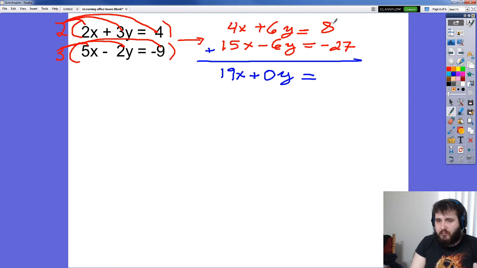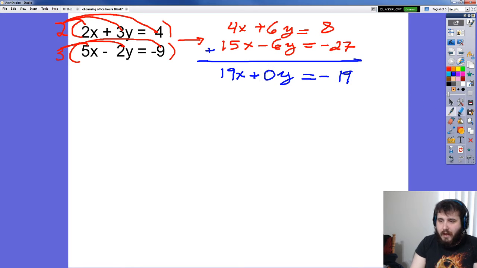Now some people are going to have trouble with this because you're adding a positive and a negative number, and well, what goes where? What do we do? 8 minus 27 is difficult. 27 minus 8 is 19. But we did it backwards, so change the sign. 8 minus 27 is negative 19.